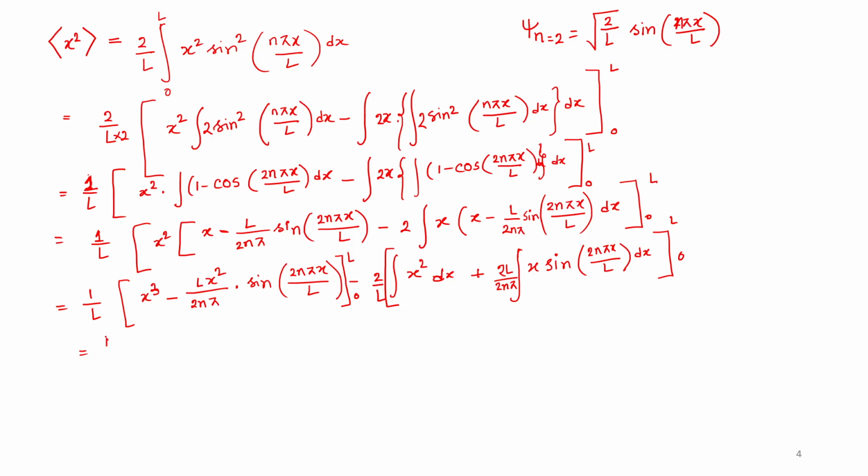So 1 by L, L cube minus L cube by 2n pi. Again, sine 2n pi. So anyway, it is going to be 0, right? It is going to be 0 minus 0 cube minus 0. I'm not bothering about that much part.